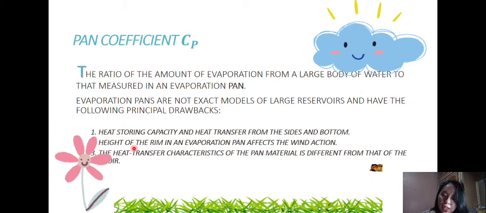While a pan of 3-meter diameter is known to give a value which is about the same as from the neighboring large lake, a pan of size 1 meter diameter indicates about 20% excess of the evaporation than that of the 3-meter diameter pan. And height of the rim in evaporation pan affects the wind action. Also, it casts a shadow of variable magnitude over the water surface. And lastly, again, the heat transfer characteristic of the pan material is different from that of the reservoir.